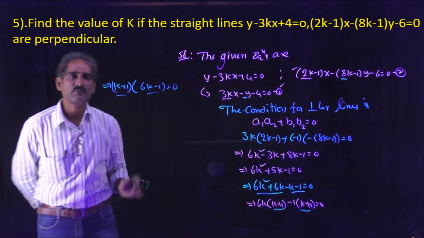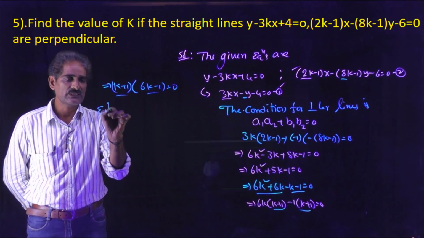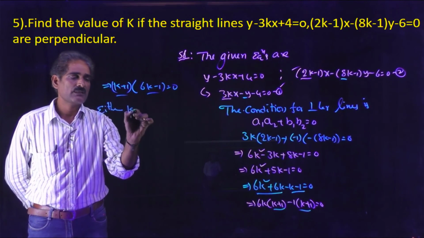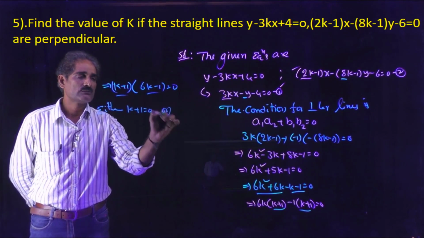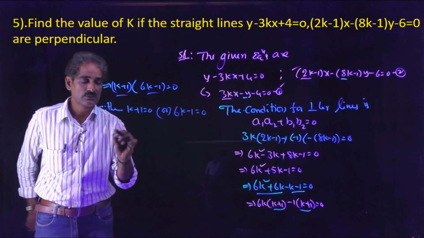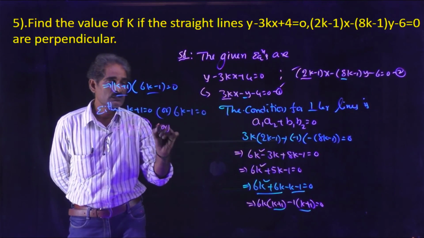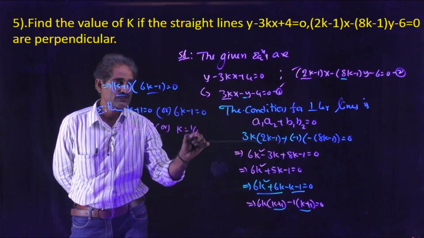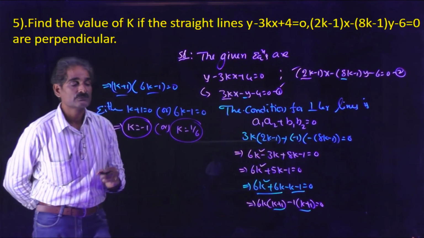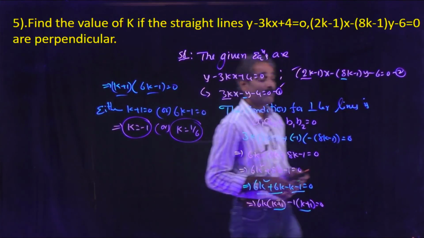Now it is in the form of xy equal to 0, so either k plus 1 equal to 0 or 6k minus 1 equal to 0. That means k equal to minus 1 or k is equal to 1 by 6. These are the two values when the given two lines are perpendicular.